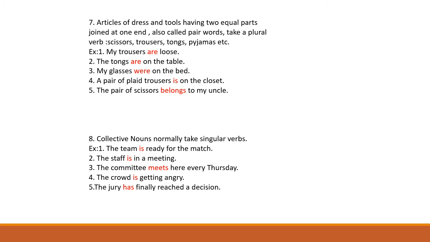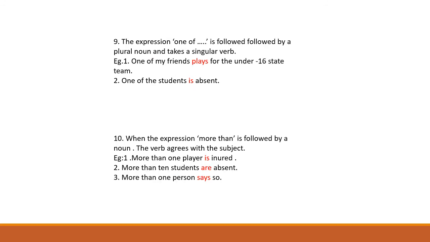The committee meets here every Thursday. The crowd is getting angry. The jury has finally reached a decision. Because the team, staff, committee, crowd, jury are collective nouns, they take singular verbs.